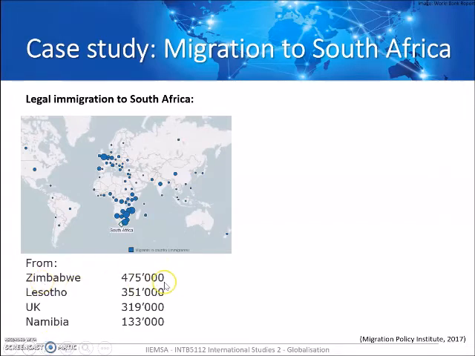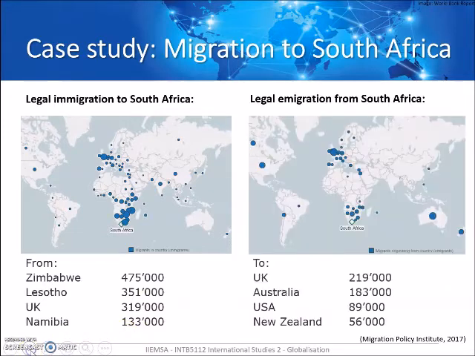The most immigrants in 2017 were coming from Zimbabwe, Lesotho, the UK, and then as a fourth, Namibia. On the other hand, legal emigration from South Africa to other countries was first and foremost to the UK, then to Australia, to the US, and to New Zealand.